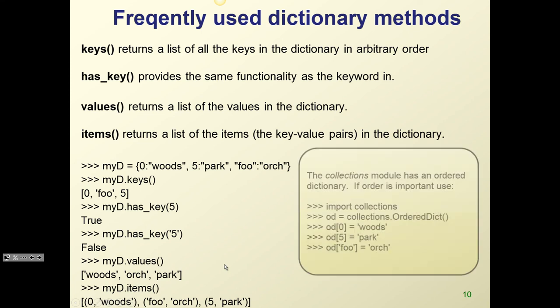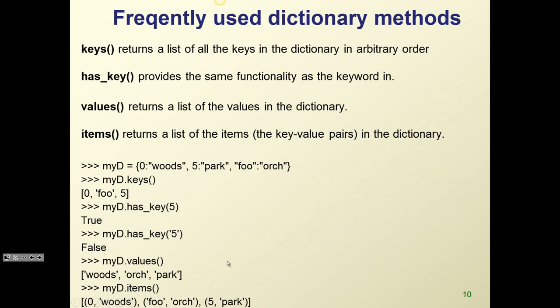Were your predictions correct? Perhaps your ordering in your predictions was slightly different. This may have occurred because the order in the dictionary is arbitrary, so you don't know what order you're going to get information back. Notice the last one, the items, returns a list of tuples. There are 3 tuples. Each tuple contains the key value pairs.